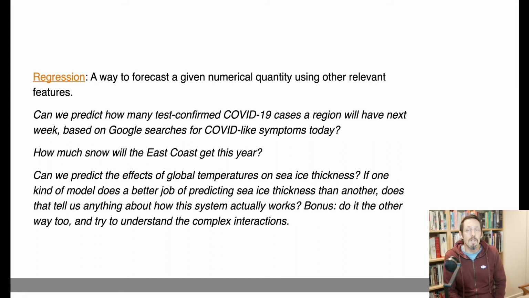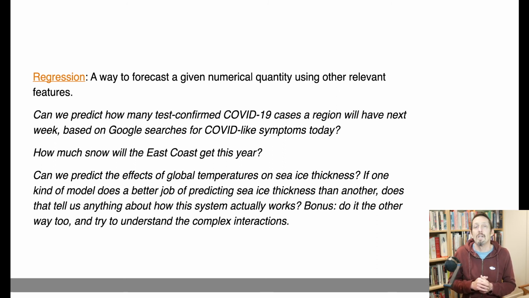Now, regression and classification are somewhat related, right? The difference is that classification says which one of a small number of things is going to be the case. And regression is trying to predict a continuous value, a number, a real number, right? We want to predict somebody's age, and age could be, right, like 43.897 years.